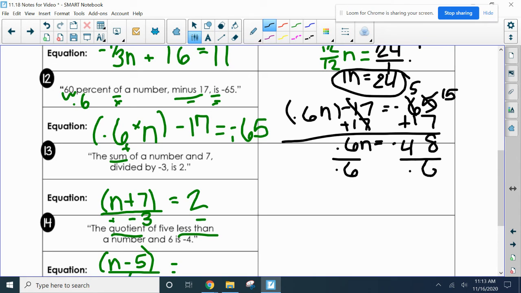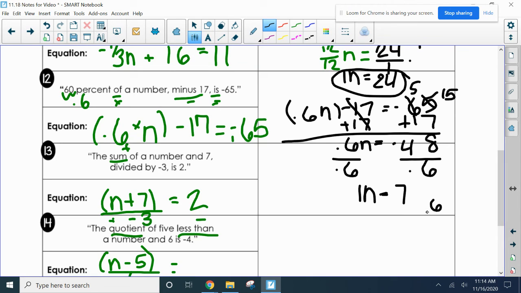Well, 0.6 divided by 0.6 is simply 1n. And for the 48, ignore our signs. I have 48 divided by 0.6. Ignore your signs. 48 divided by 6 is 8.